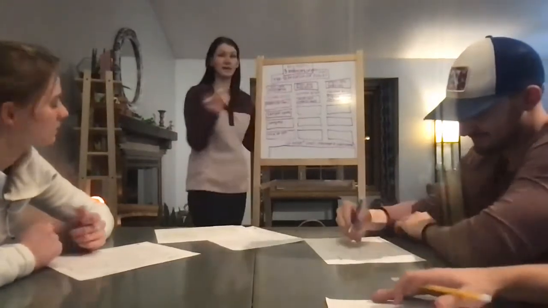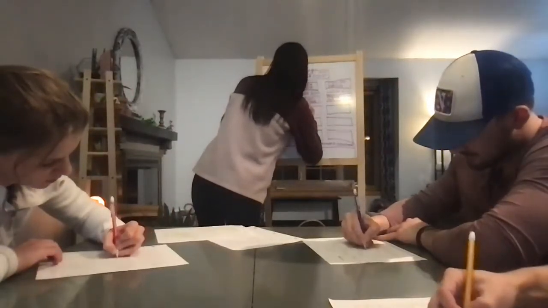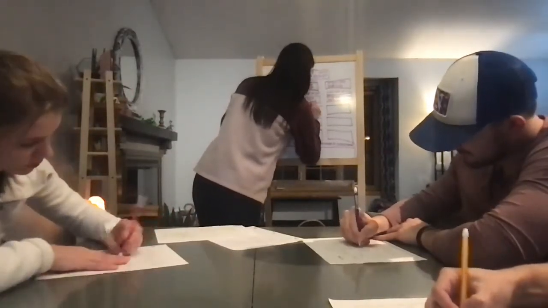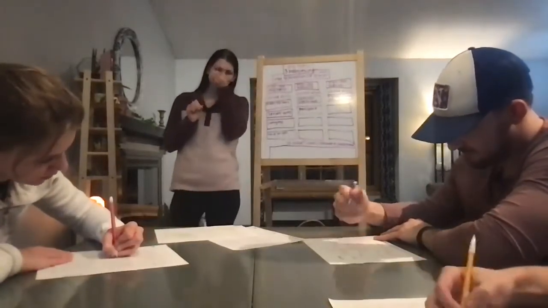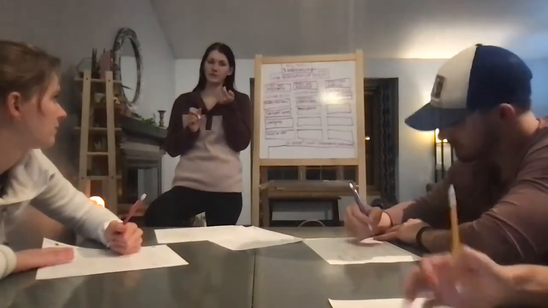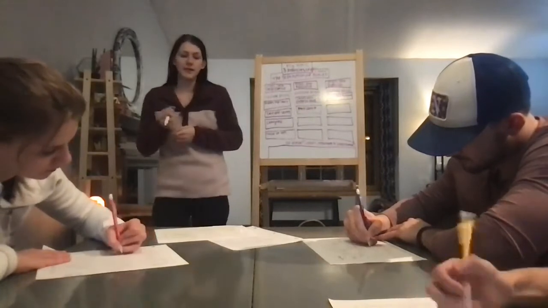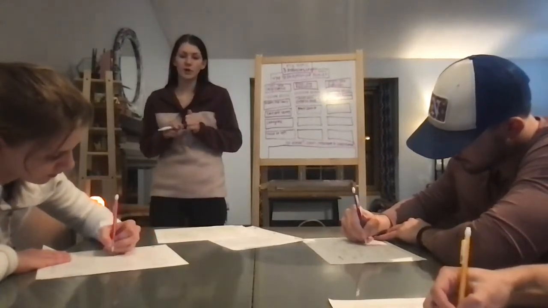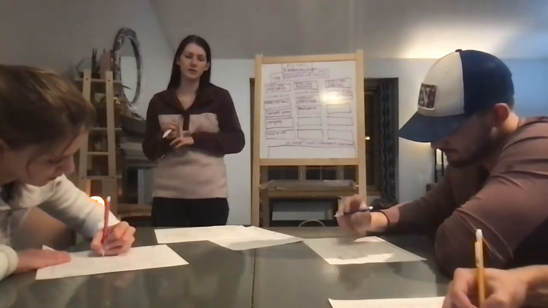So that would be an essential detail. So we'll write down the president. And then there are two other ones that work super close with the president. Vice president? Yeah, we'll write down the vice president. So the vice president is somebody that will take the place of the president in case of death or their inability to do the job.